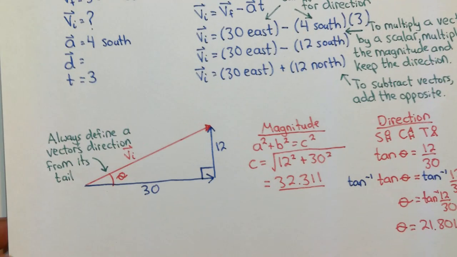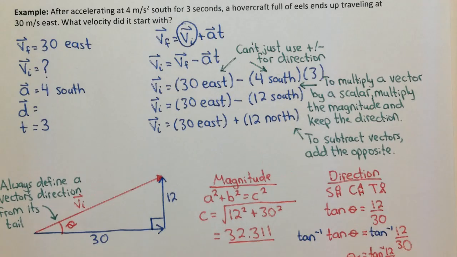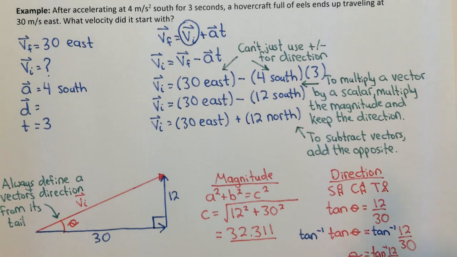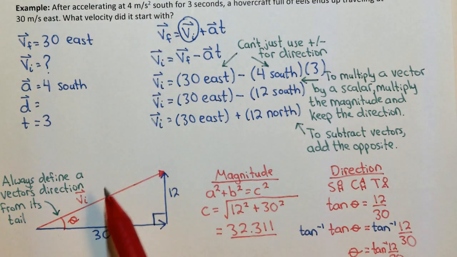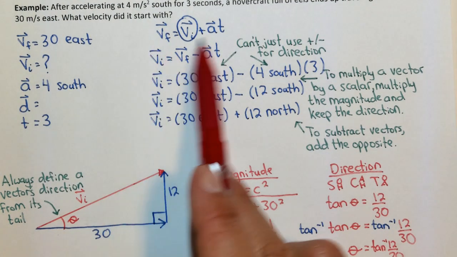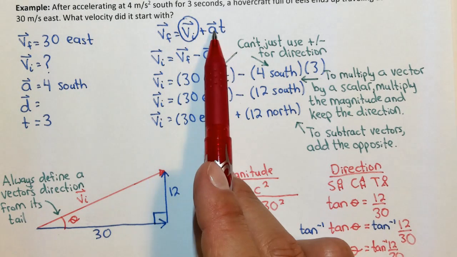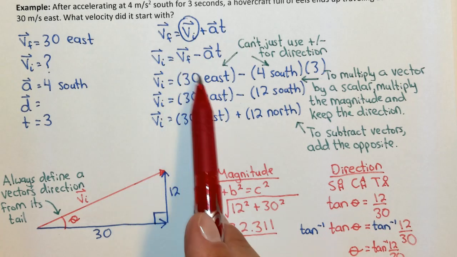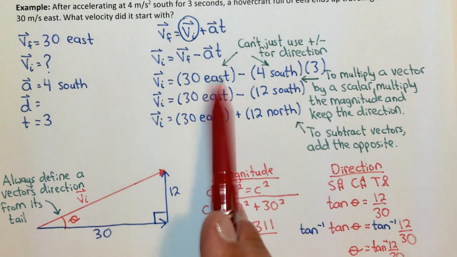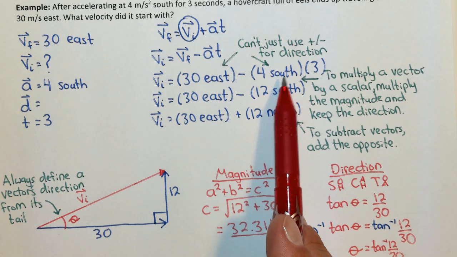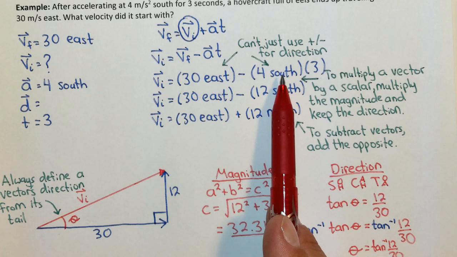So let's recap here. I had this problem where I was looking for an initial velocity. I figured out that if I used this formula, I could isolate for initial velocity, and everything else in the formula I would know. I plugged everything else into the formula, but because some things were in the east-west dimension and some things were in the north-south dimension, I didn't just use plus and minus for the directions, I kept these direction words.